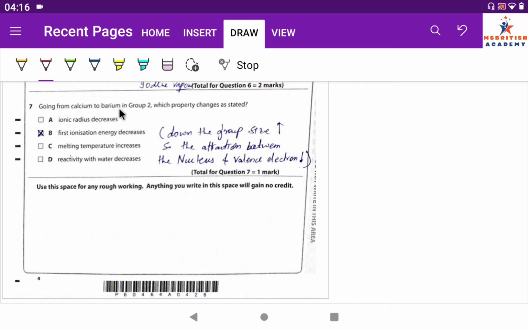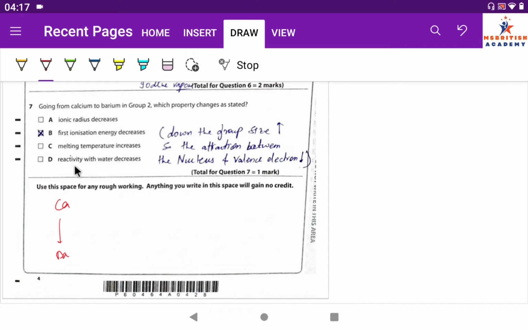Going from calcium to barium in group 2, which property changes as stated? When we go down from calcium to barium, which of the following properties changes as stated? Ionic radius decreases? No, ionic radius increases down the group. Melting temperature increases?